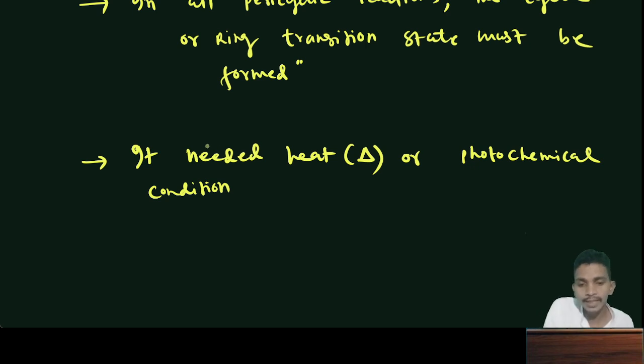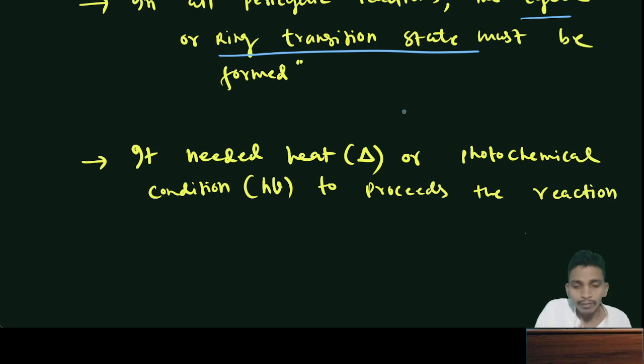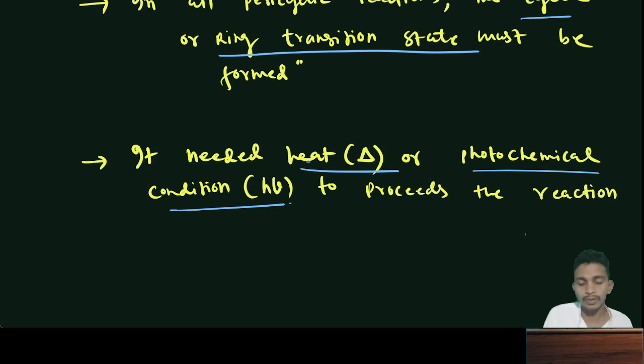So if it needs heat or photochemical conditions, that is represented by h nu, to proceed the reaction. So here an intermediate is not forming. What is forming here is a cyclic or ring transition state. And what we give to proceed the reaction is heat or photochemical conditions. So these are needed for pericyclic reactions.